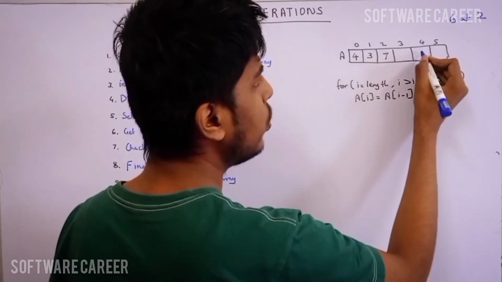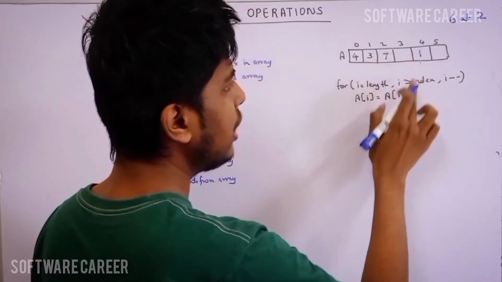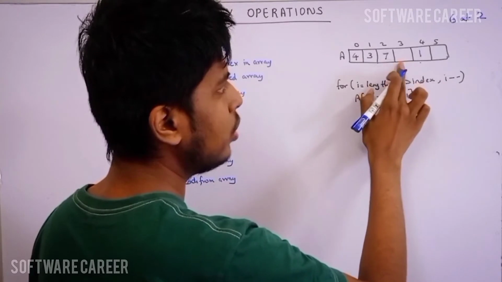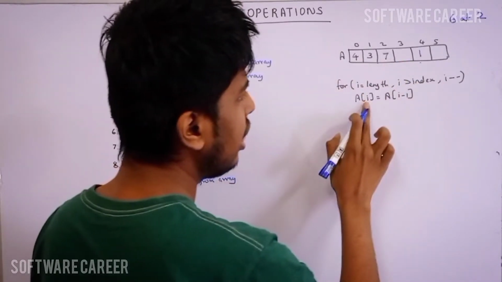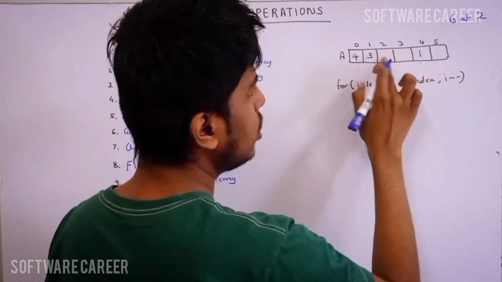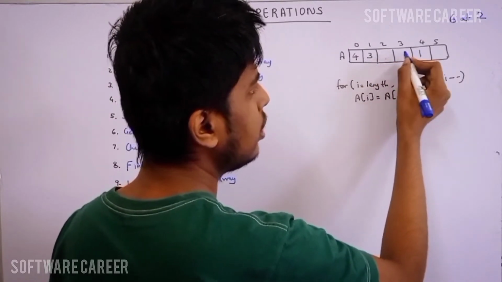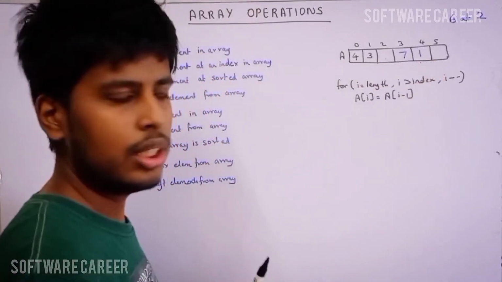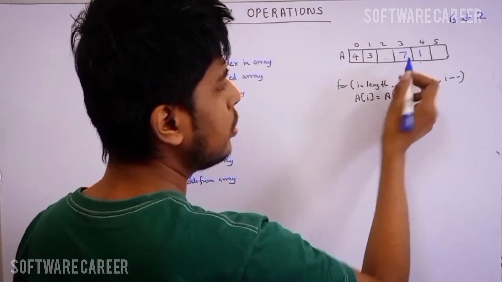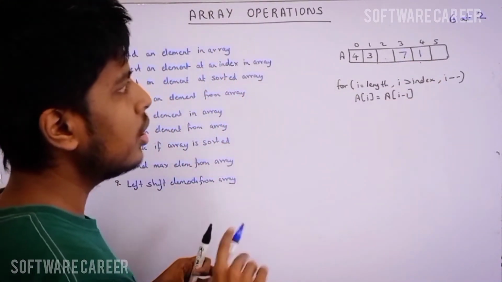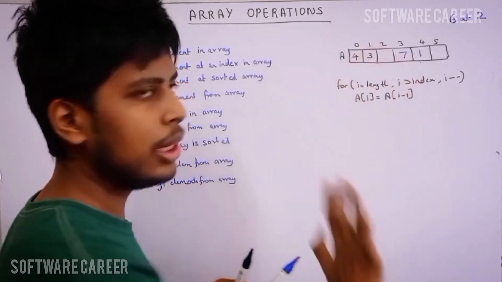So 1 will move over here. Then I minus minus. Now index will be at 3. Now a of I equals to a of I minus 1. So this a of I will be equal to this element. So 7 was here, 7 will be copied here. Now I is at this position. Now it stopped. This place is empty now.